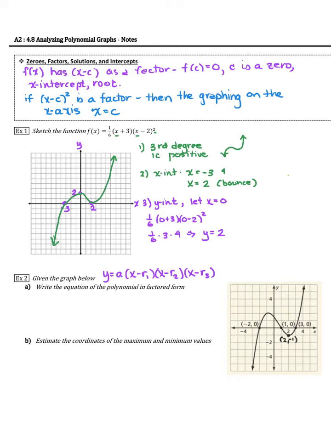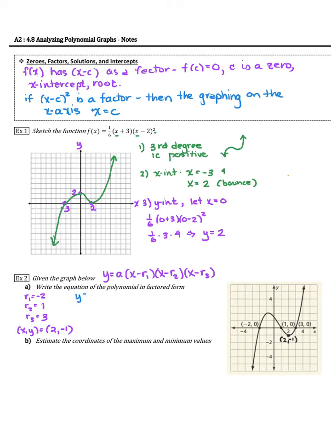When I look at this graph, I see that my roots are -2, 1, and 3. There's also a particular point, an x, y that we need to solve for a, and that's 2, -1. You didn't have that on your notes, but I added that point because you need it to solve for a.